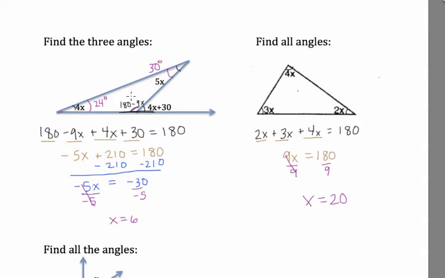And I get 126. And then x is 6, so 4 times 6 plus 30. This angle is 54. So all 3 of the angles of the triangle should add to 180, and my adjacent angles should add to 180.